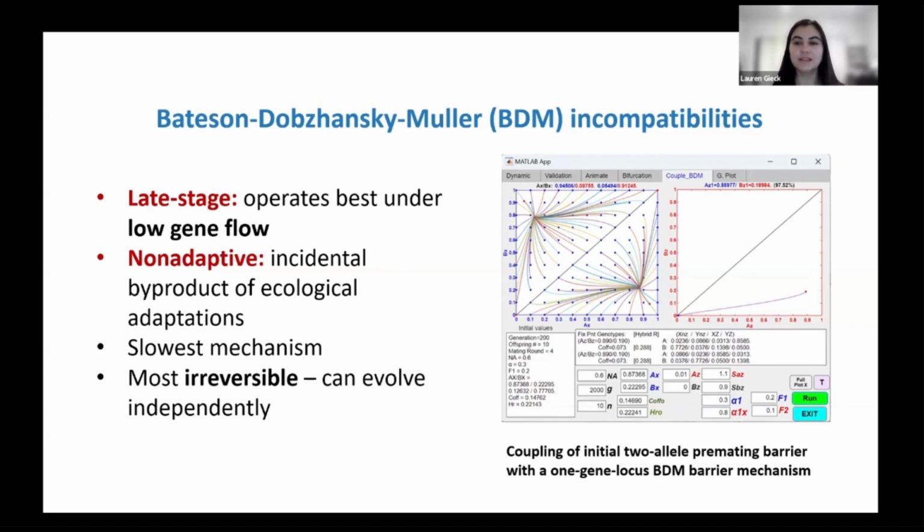So in the final stages of reproductive isolation, when gene flow is very low, BDM incompatibilities we found can evolve independently as the genome continues to diverge, and this makes it very difficult to reverse because they're all independent of each other. And here's another example from our results section of coupling an initial two-allele premating barrier with a one gene locus BDM barrier mechanism.